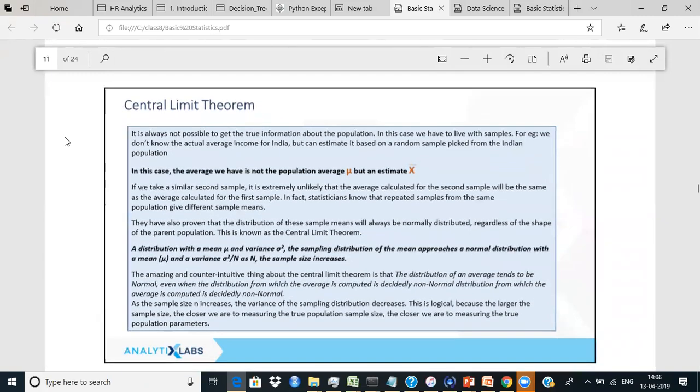There is a line which says statisticians know that repeated samples from the same population give different sample means. So what do you mean by that? Let's consider the population of India, and say I take a sample. I go out right now and get the age data on the first 5 people that I find. It is a sample from the population of India.